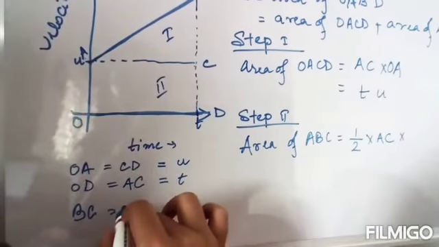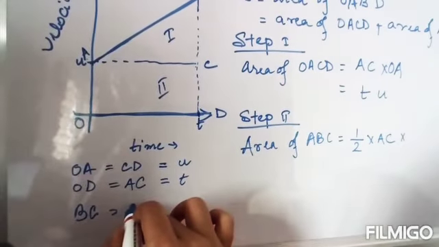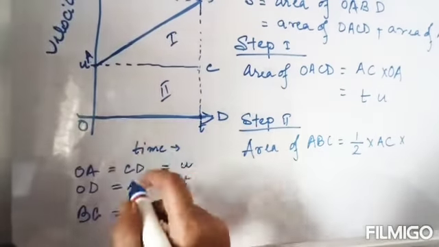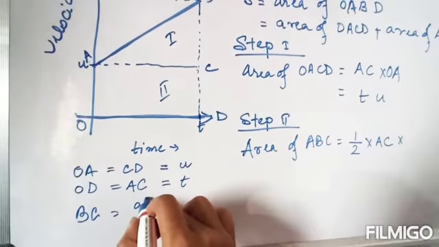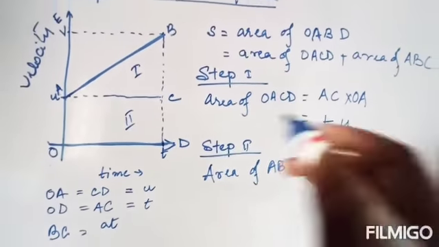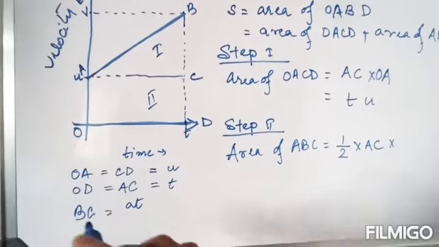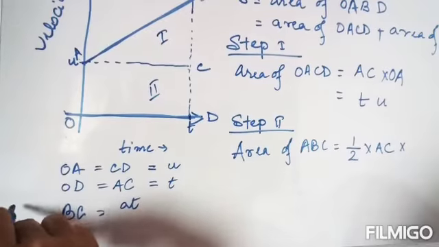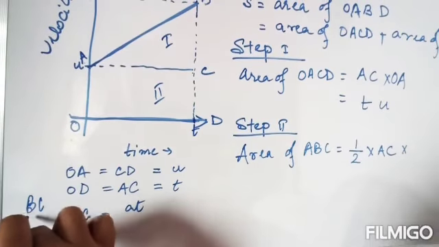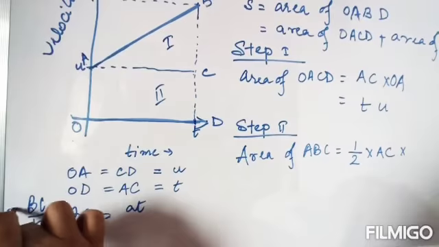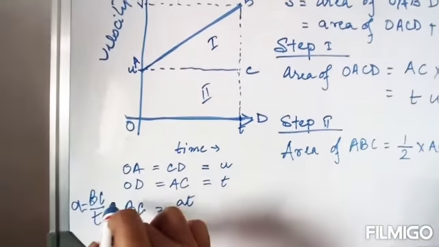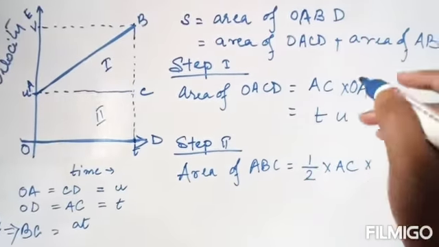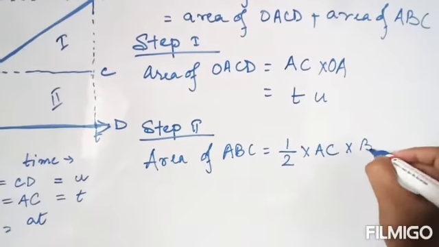BC is equal to change in velocity, which means A into T. We have already got in the previous equation that BC by T is equal to A. From there we can derive BC is equal to AT. Correct? So that we are going to substitute here.